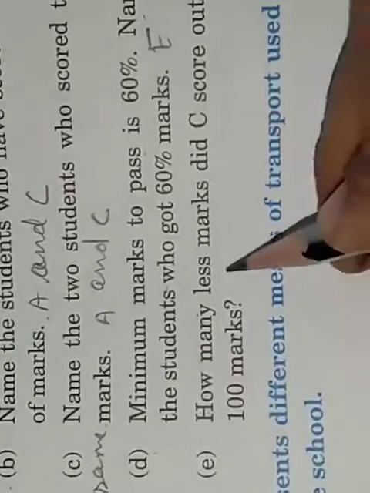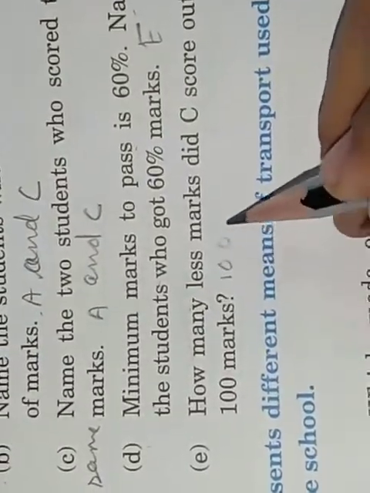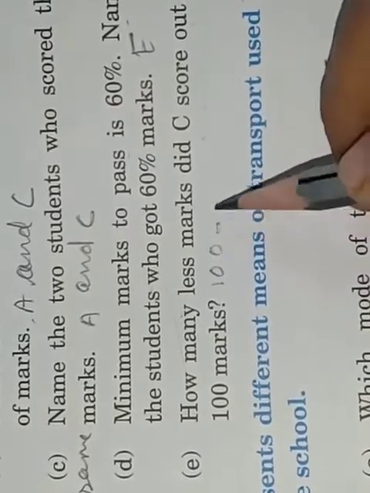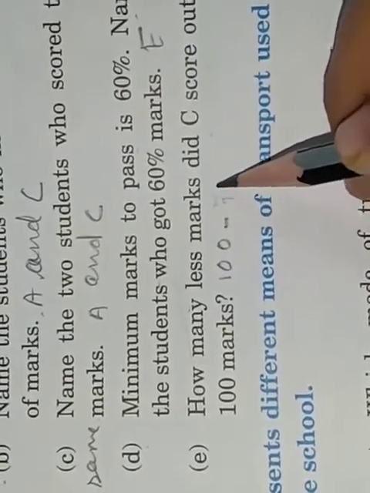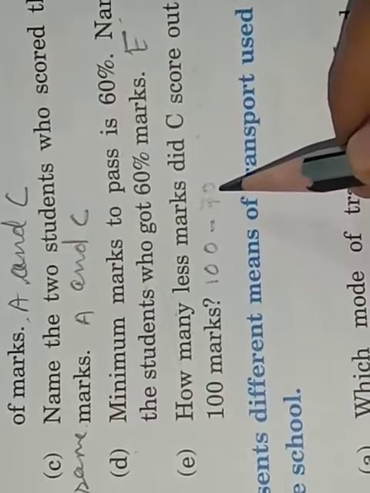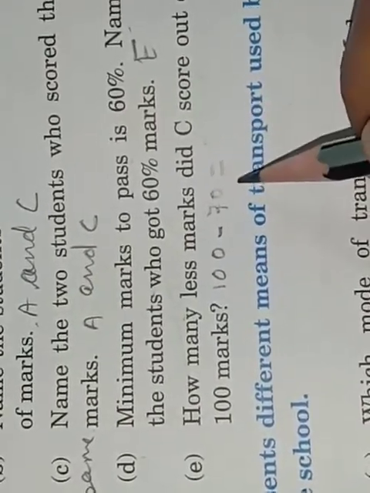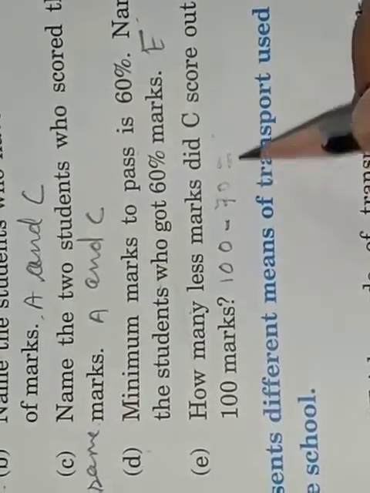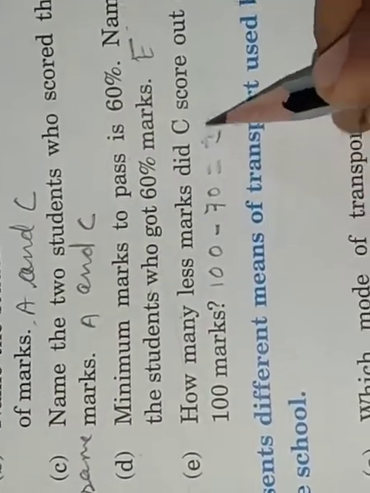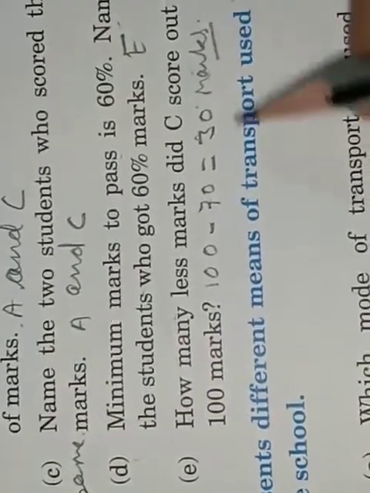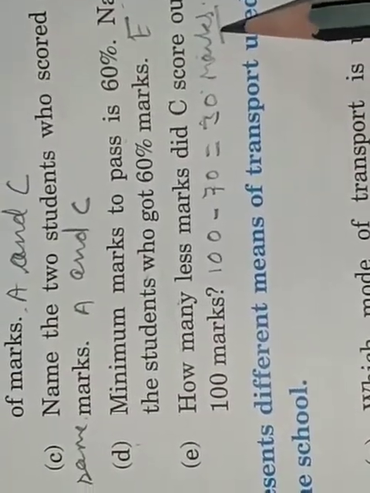The answer will be 100 minus how many marks she got? She got 70 marks. So, we will subtract 70 from 100. After subtracting, we will get 30 marks. Okay. Thus, 30 marks will be the answer.